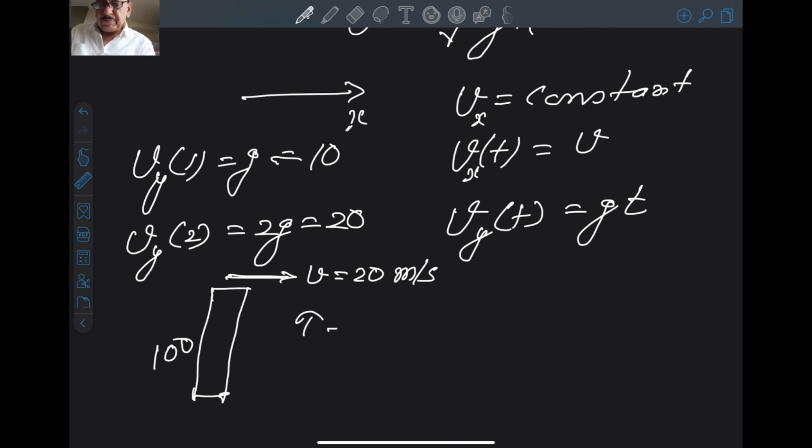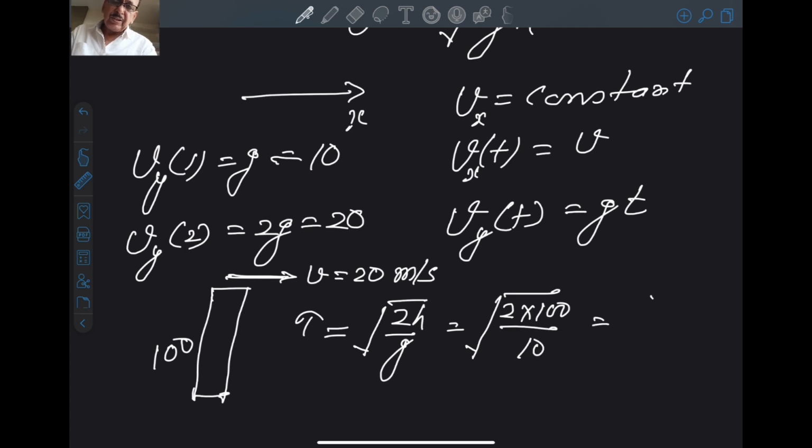We know that it becomes root of 2h upon g. So we put 2 into 100 upon 10. So root 20. One thing you should know is that when you solve a problem, don't concentrate on the calculation. You go on physics only. No meaning to calculate this root of 20. It is simple maths. You can calculate in 6th, 7th class. So it is not our target.